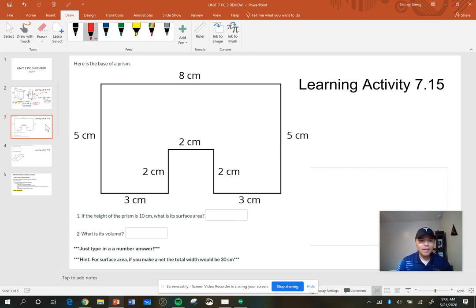Okay, so this one we have to find the surface area and its volume with a height of 10. Let's go ahead and try to find that, again, that base area. Looks like 3 vertical rectangles here. This one is a 2 by, let's see, this distance right here should be 5 minus 2, which is 3.